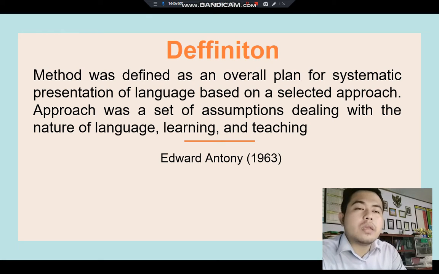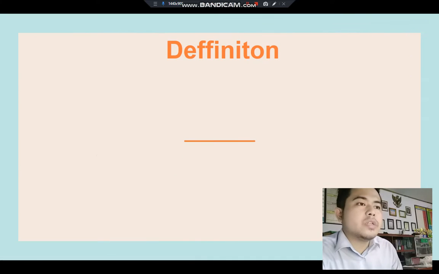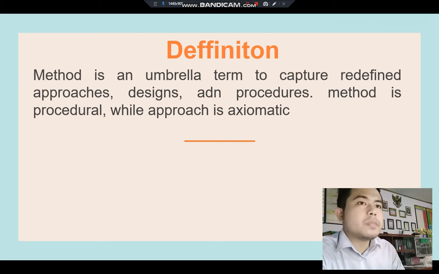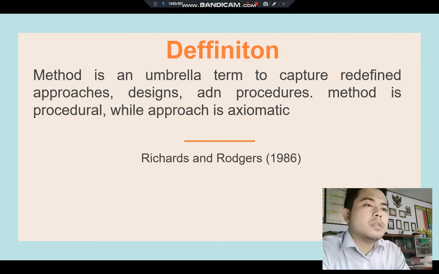And he also stated that approach was a set of assumptions dealing with the nature of language learning and teaching. There is another definition from Richards and Rodgers in 1986, where they state method as an umbrella term to capture the defined approaches, designs, and procedures, while method is procedural and approach is axiomatic.